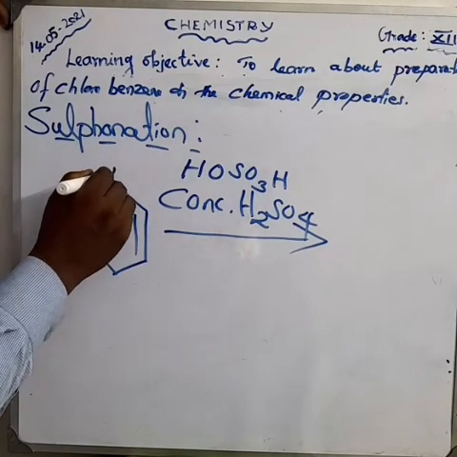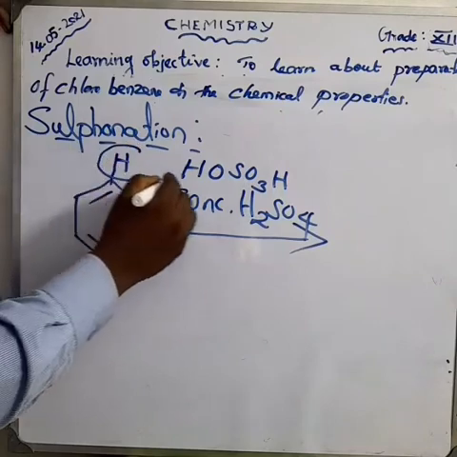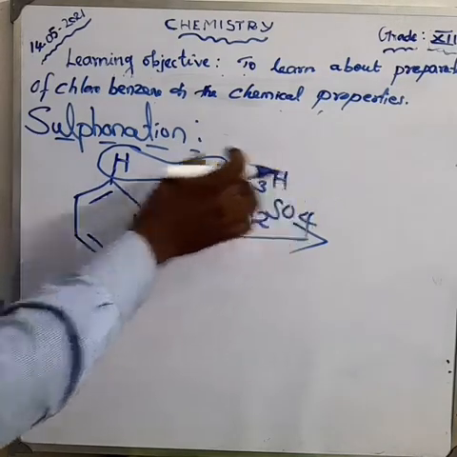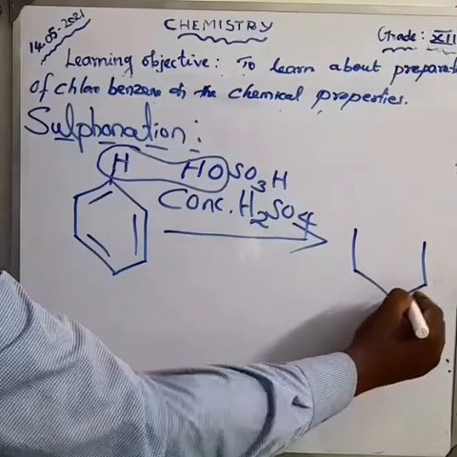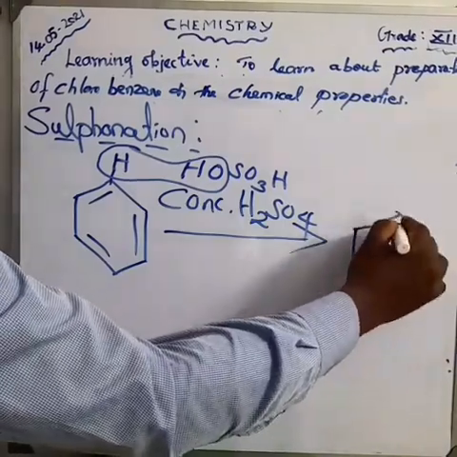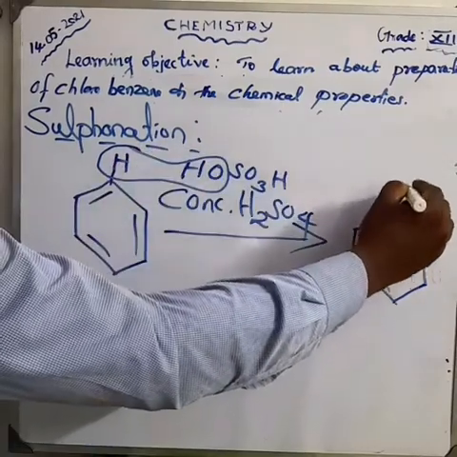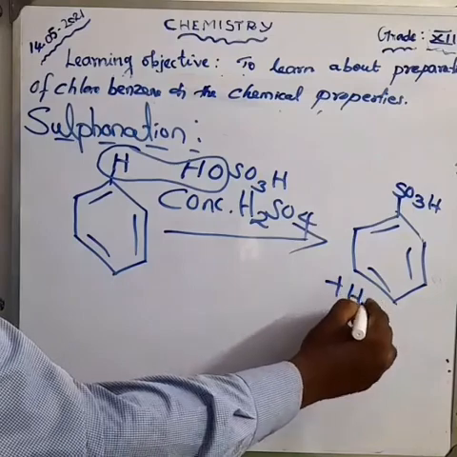So this SO3H is attached here, so one of the hydrogens must leave. Am I right? So HOH. What is HOH? HOH means water. Here SO3H is attached there, plus water molecules.